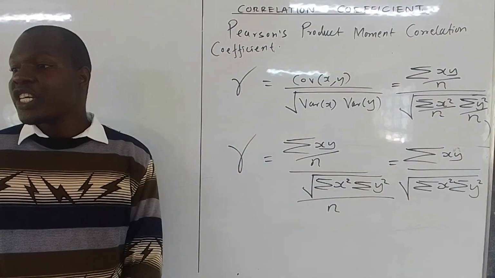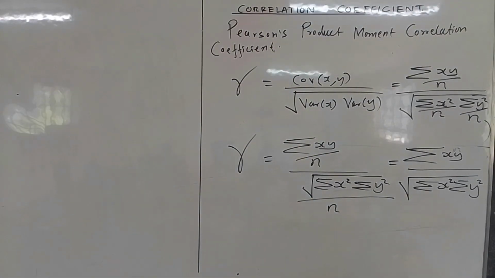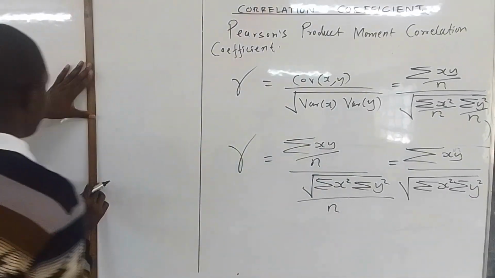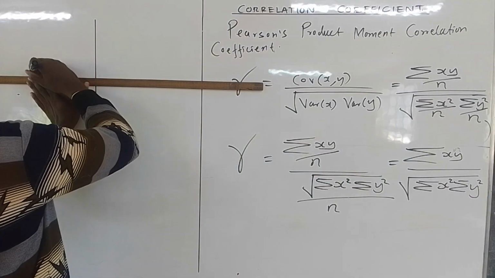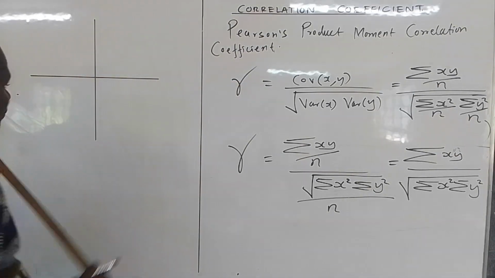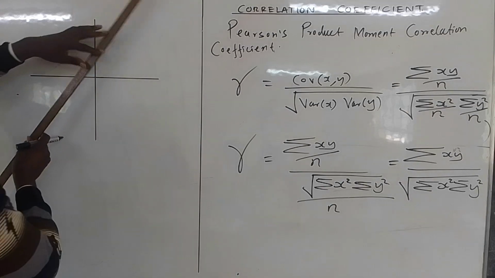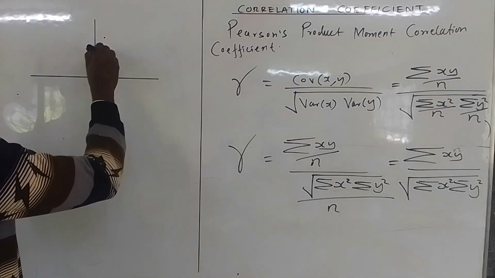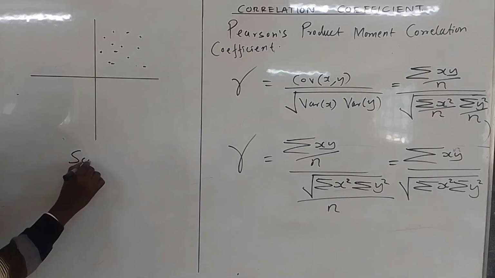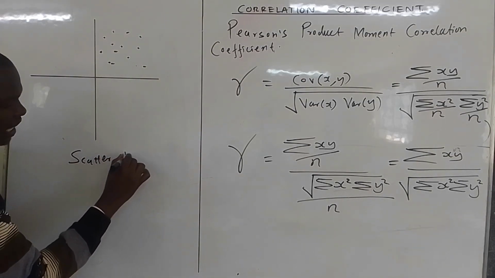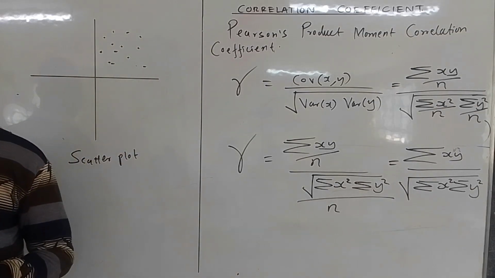The correlation coefficient is like a gradient. Now if you have something like this, let me say this is a Cartesian coordinate system. If you have a case of a scatter plot, in a scatter plot you cannot draw any straight line from it, isn't it?